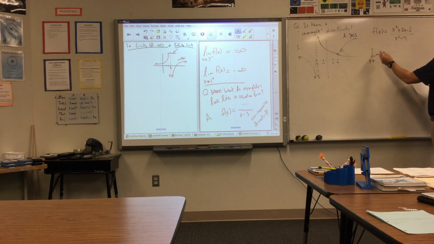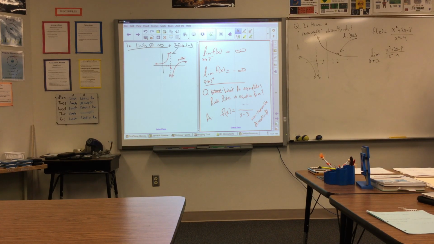What is the limit of this function, x squared plus 2x minus 8 over x squared minus 4, as x approaches 2? James, what's going to happen if we do direct substitution on this? You're going to get 0 in the denominator, right?